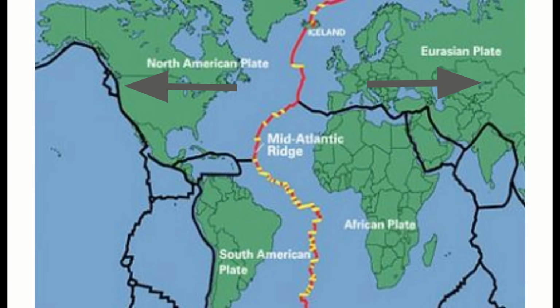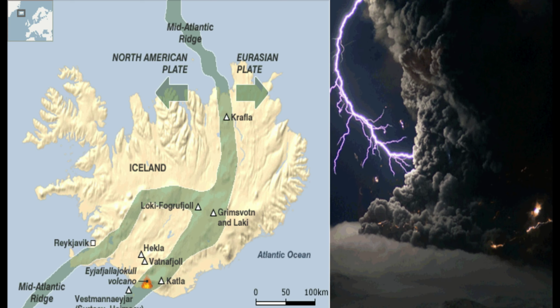So Iceland is being formed where these plates have split apart and the lava has bubbled and erupted out through the gap, and we get what's known as shield volcanoes.